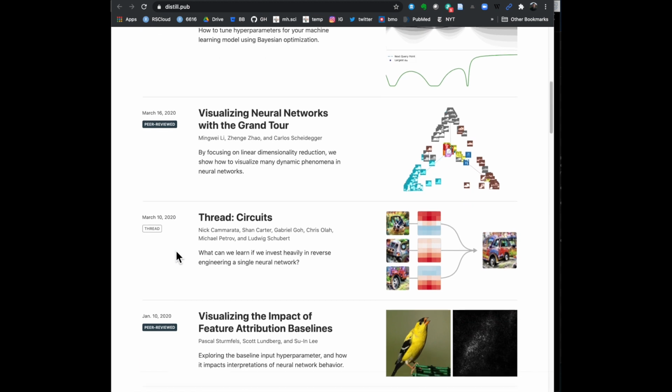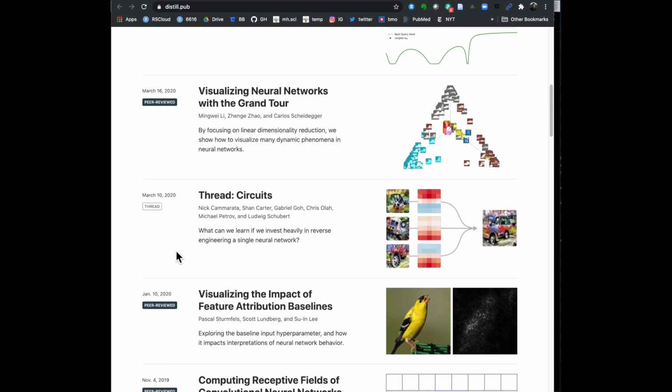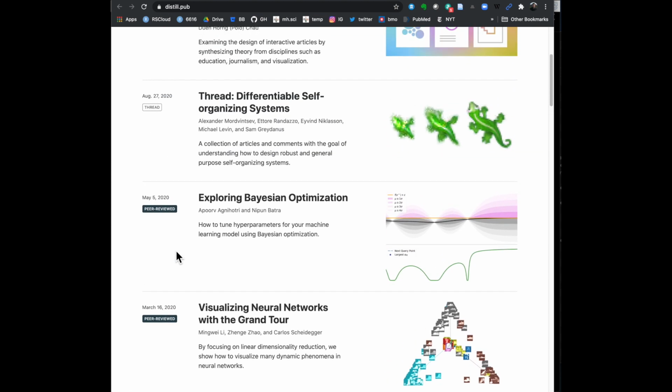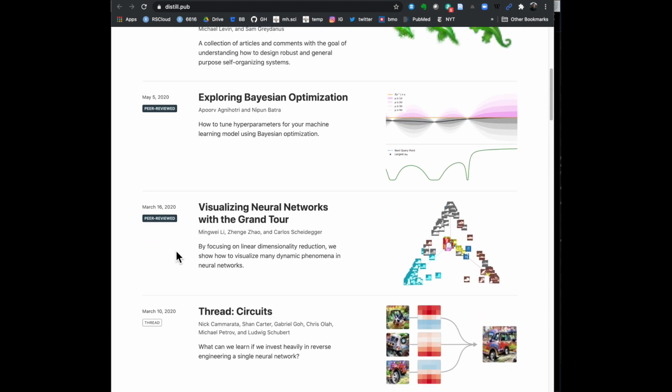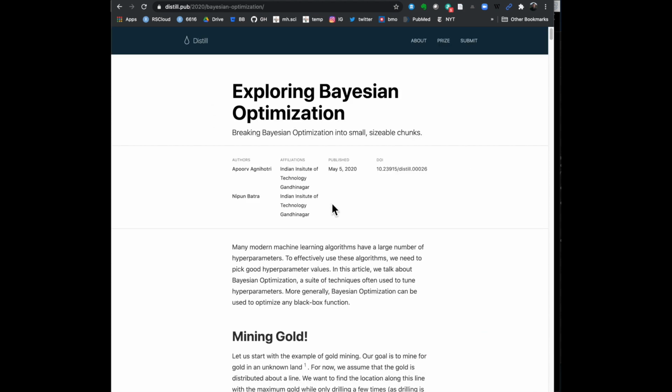It's mostly used, I believe, for machine learning and deep learning. Basically this is all online. This case here is some kind of guide to optimizing, something called Bayesian optimization.